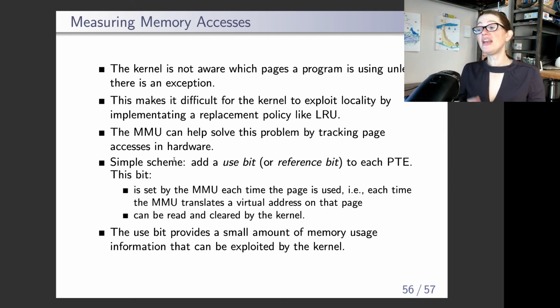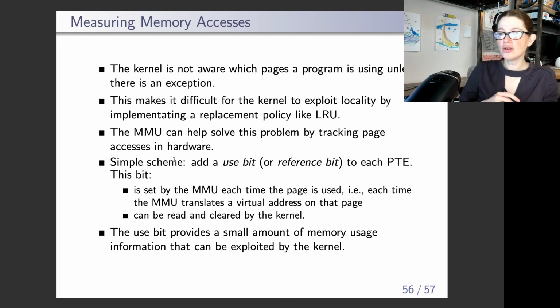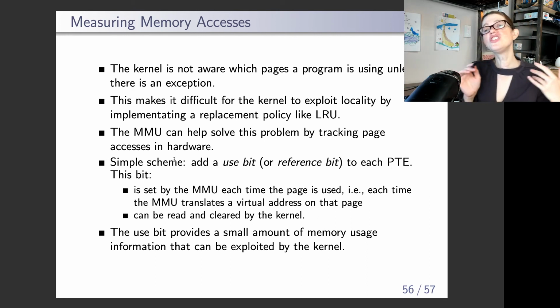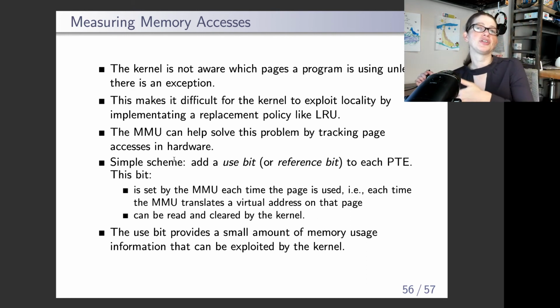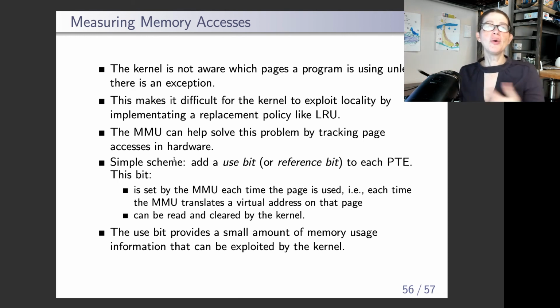Then periodically the kernel is going to clear the use bits. So instead of knowing who was least recently used, we're going to know who was used since the last time the kernel cleared. It's not as accurate as keeping a timestamp, but in terms of hardware cost and implementation cost, it's going to be cheaper.